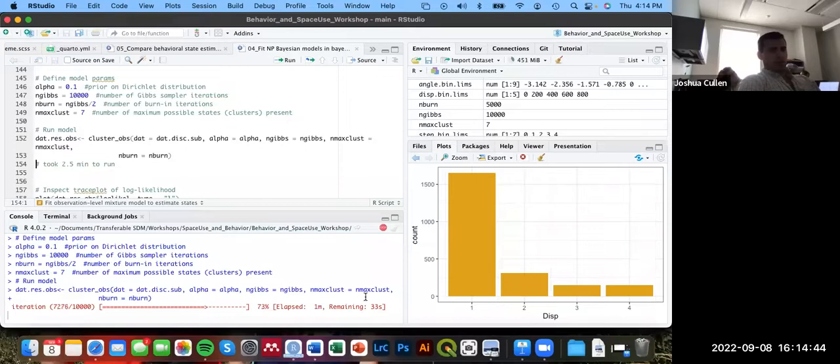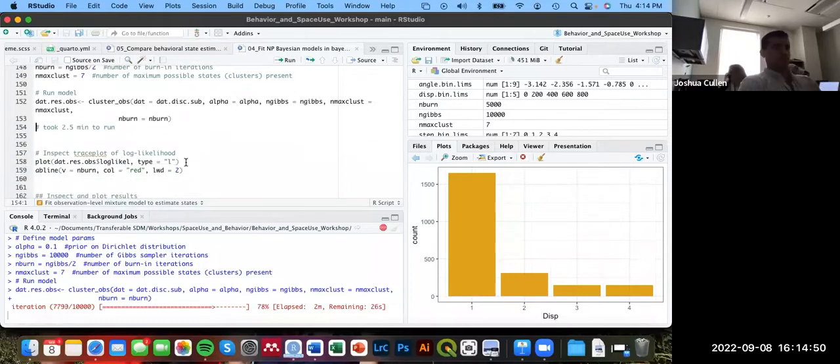All right, it says there's about 30 seconds left. And then we'll look at the diagnostic plots and see whether the model actually converged or not.